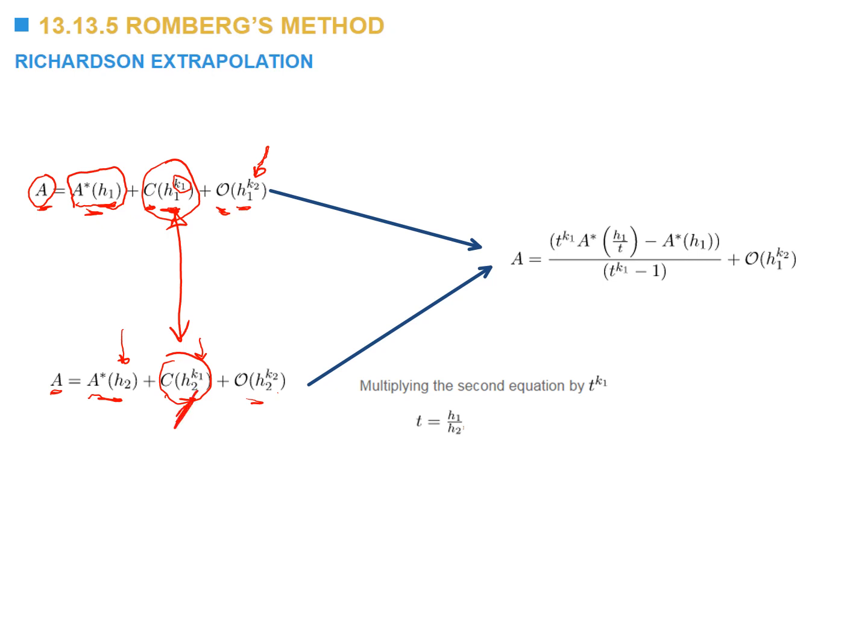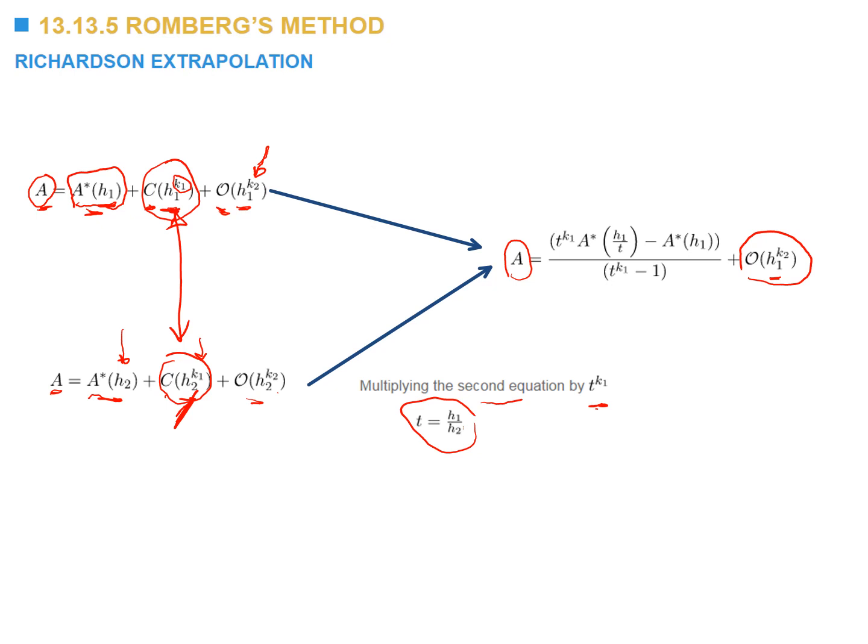Now, if we multiply the second equation by t, which is the ratio of the h's, to the power k1, and then subtract these two equations from each other, we will get an estimation for A that has an error term that is directly proportional to h1 to the power of k2.